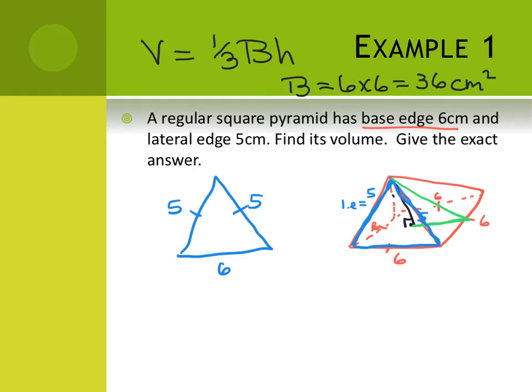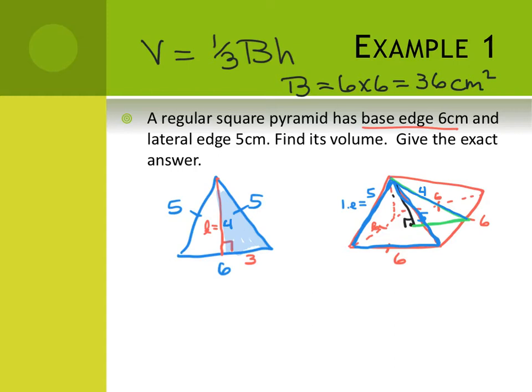As soon as I draw in the altitude, it's going to bisect that side length, and this is 6. So now you can see that this slant height, or this L, which is what you use when you're doing surface area, this is actually a triple. This is your 3, 4, 5. So my slant height here is 4. So this side right here, this hypotenuse here, is 4.